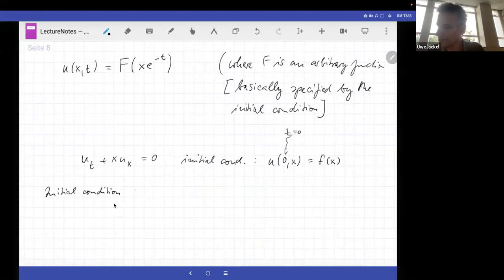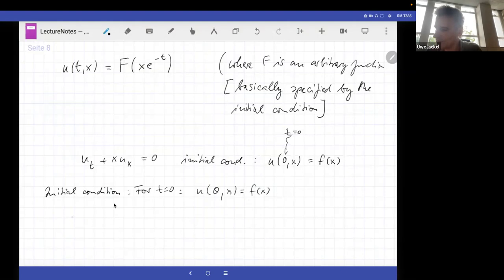So we test this. The initial condition says for t equals 0 we must have u(0, x), sorry, I always mix this up, that should be a function f of x.